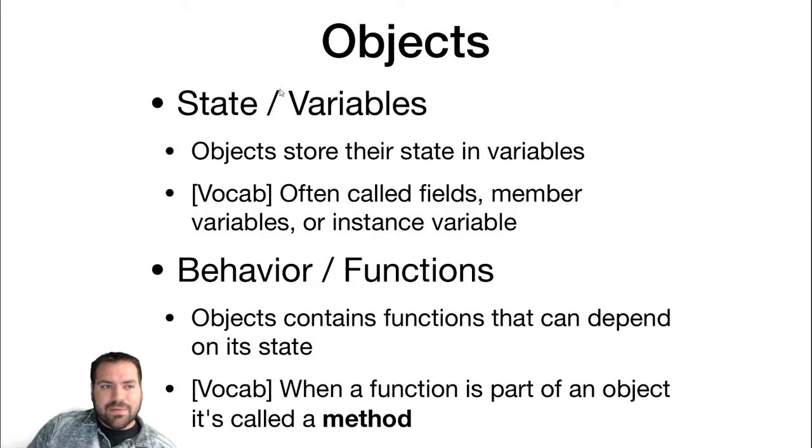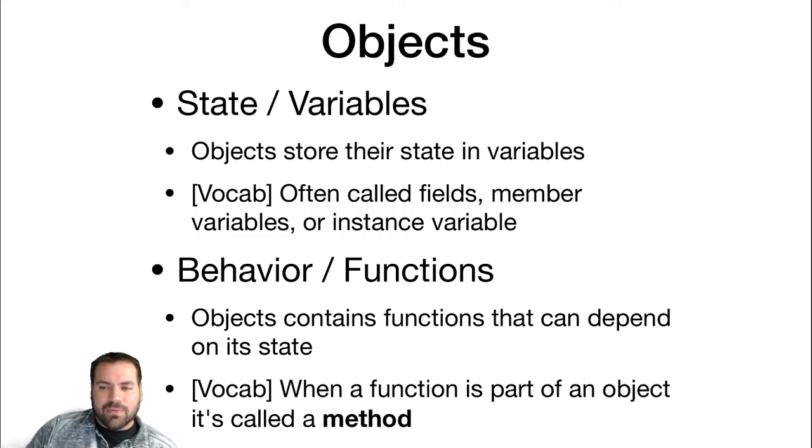So objects have a particular state that they can be in, which is the value stored in each of its variables at any given time. That's what we call the state of that object. If it has a variable that's an int and that int stores the value 7, then that object's state has the value 7, to an extent.